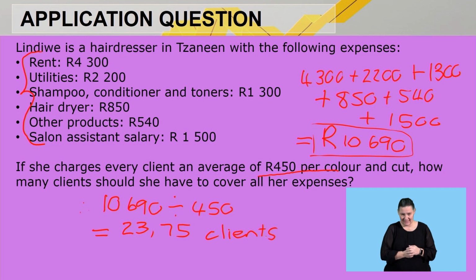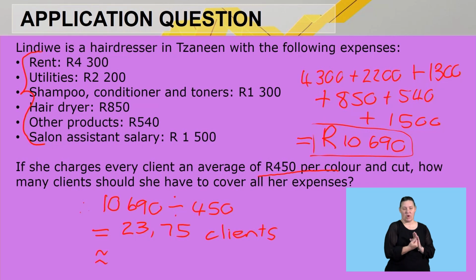And clients are people. I can't just go and say, well, okay, I only need to cover 10,690, so I'll cover half your head, because then I've got the money that I need. No, we're not going to do that. And this is where the context of rounding comes in. She needs 24 clients to cover everything there.